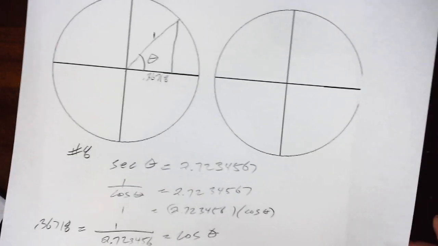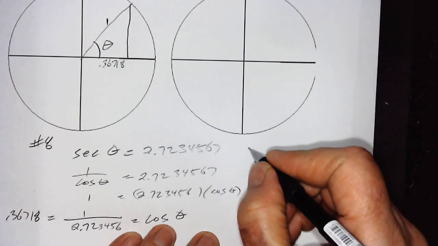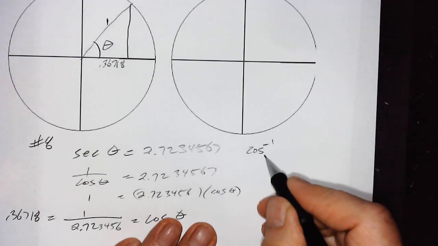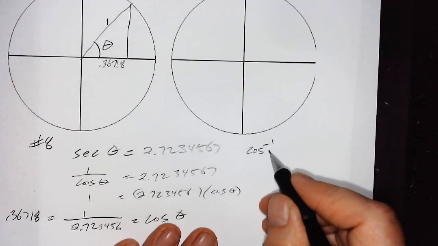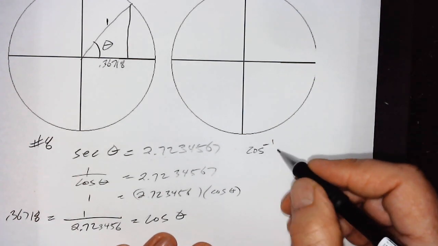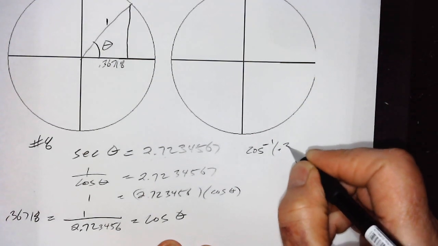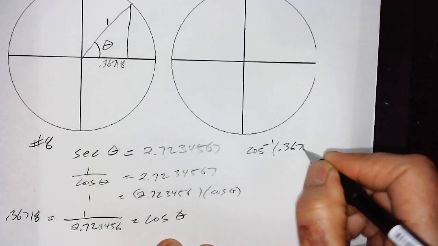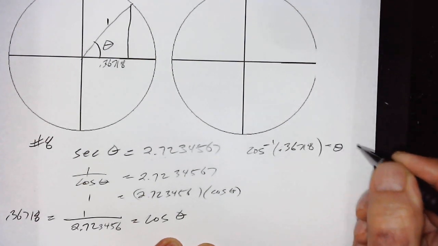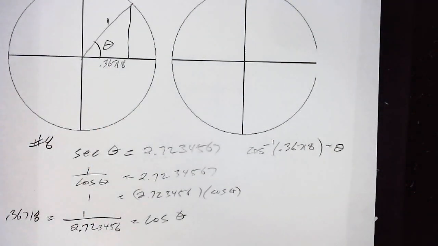We have to use this rather confusing notation, which is called the arc cosine, or sometimes called the inverse cosine. It doesn't mean 1 over. It's confusing that way. It means what's the angle that has a cosine of 0.36718? That's the theta that we're looking for. What is that theta? It looks like that in my picture.